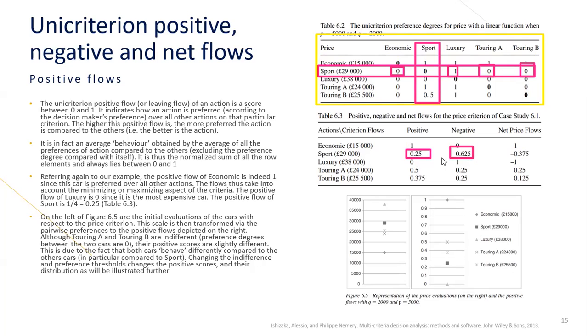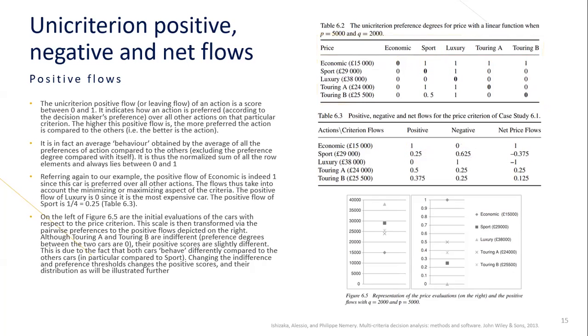And then 0.25 you minus 0.625, so you get minus 0.375. So this is called the positive, negative, and net flow. You do all the calculation, and then you will get the positive, negative, and net flow for the price criteria. This is only for the price criteria.